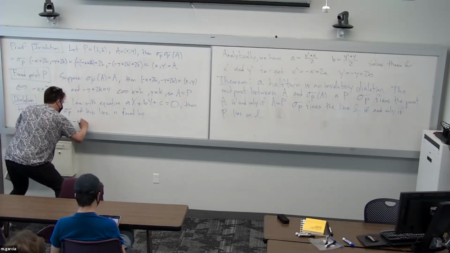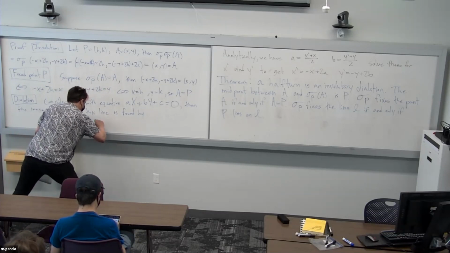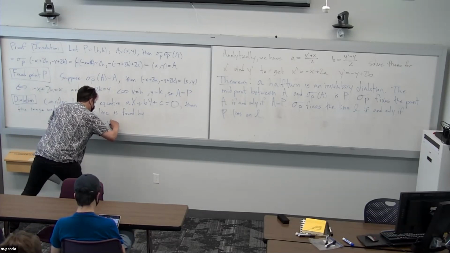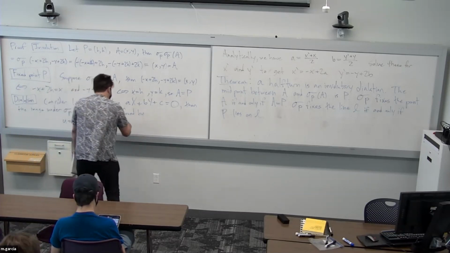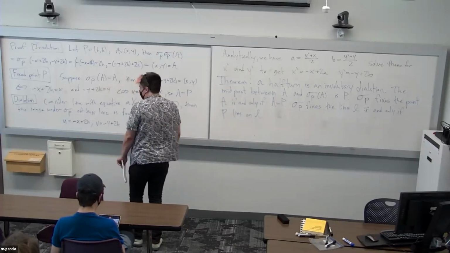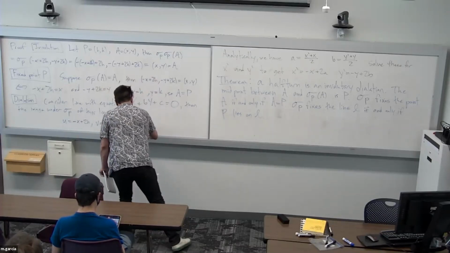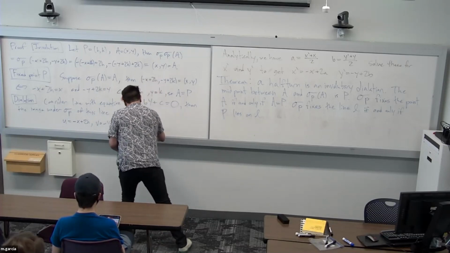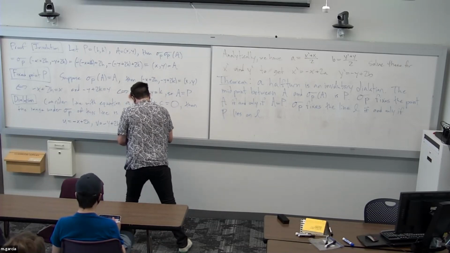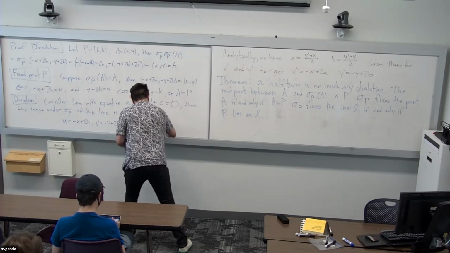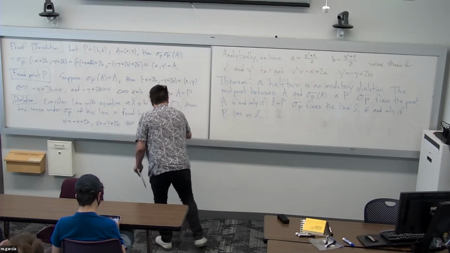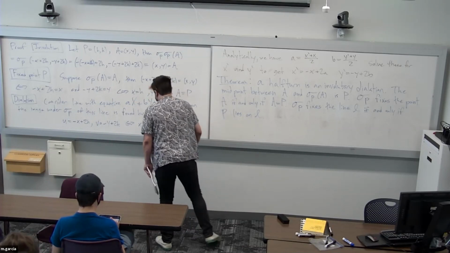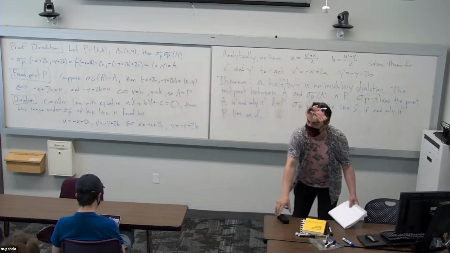Negative x plus 2h, and v equal to negative y plus 2k. And solve both of these for x and y. Okay, so this gives us x is equal to negative u plus 2h, and y is equal to negative v plus 2k. And then we just plug that into our equation for the line.